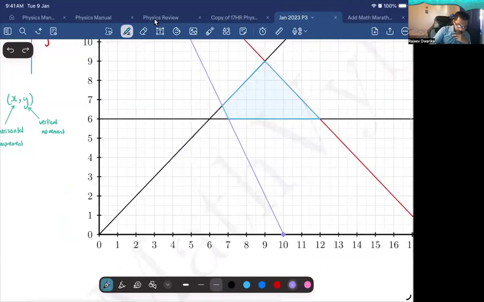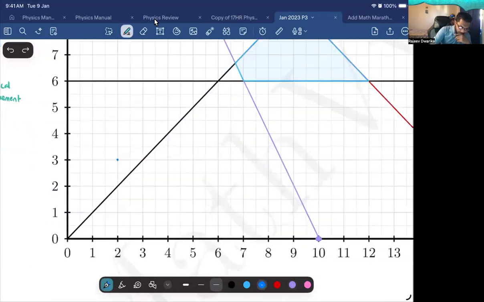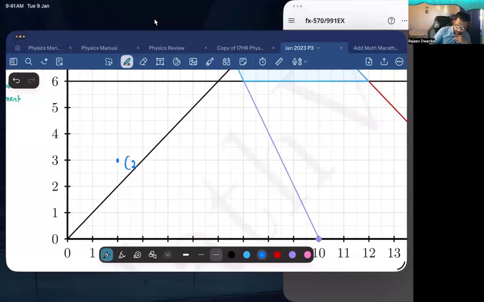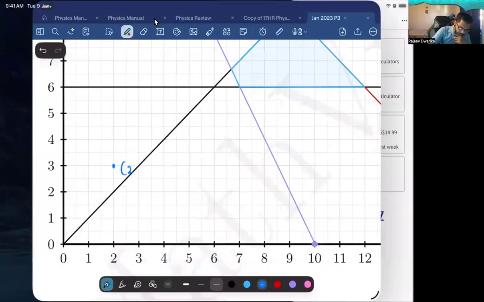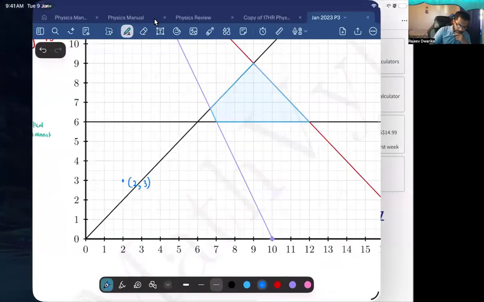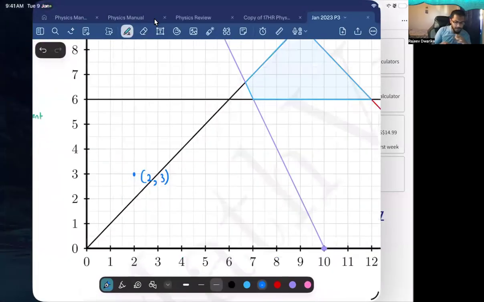So again, an example. A point I could probably take is 2, 3. Do you understand how to read off a point?